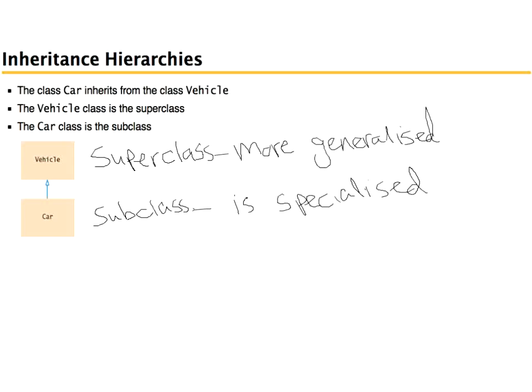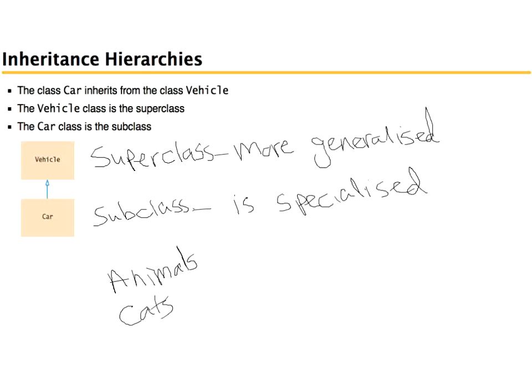Now, if I give you an example, if we have two classes, I'll write it down here: class animals and class cats.